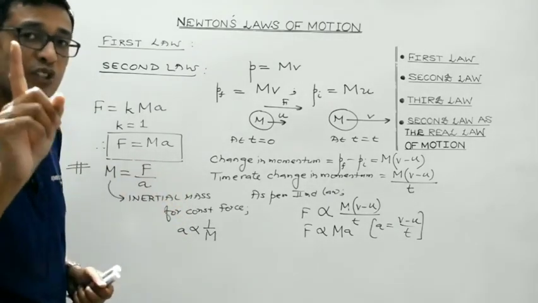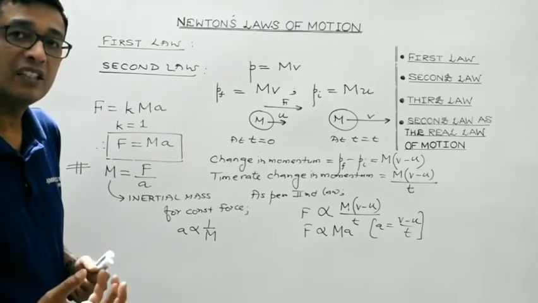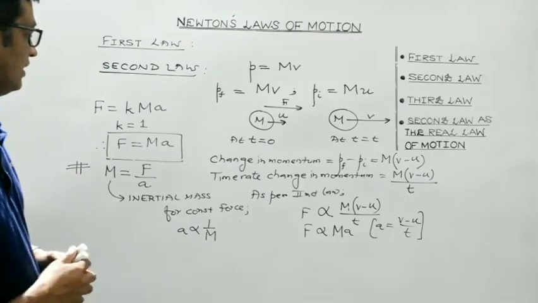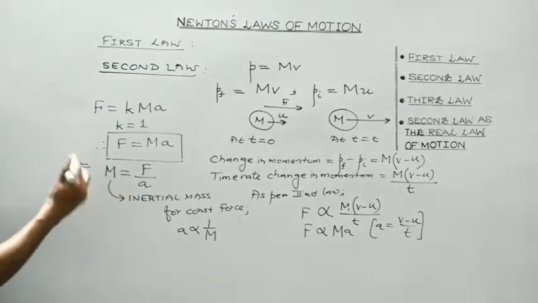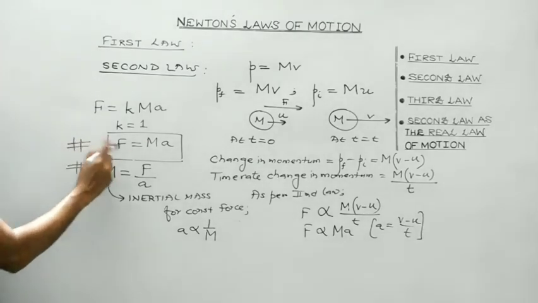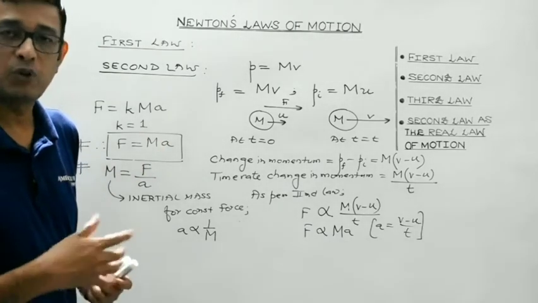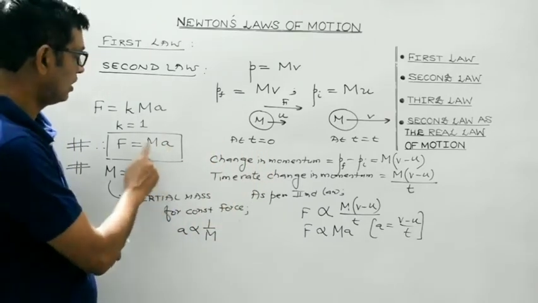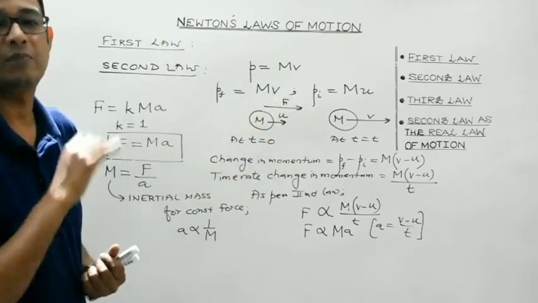So this is one of the consequences of Newton's second law, which can be used to determine the inertial mass of a body. The second consequence is, students, by using the formula F equals ma, if we are able to calculate the acceleration produced in the body and the mass of the body is known to us, then we can easily calculate the force applied on that particular body.